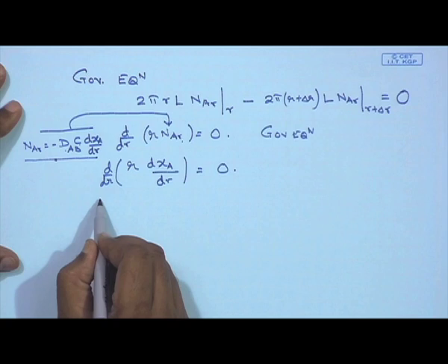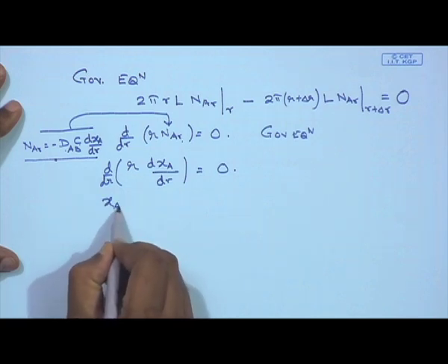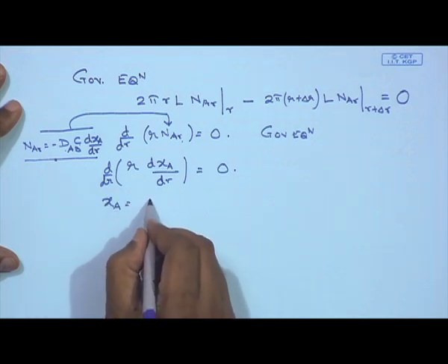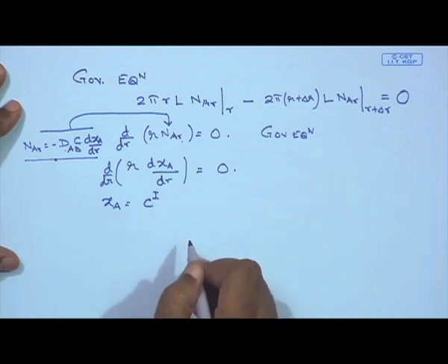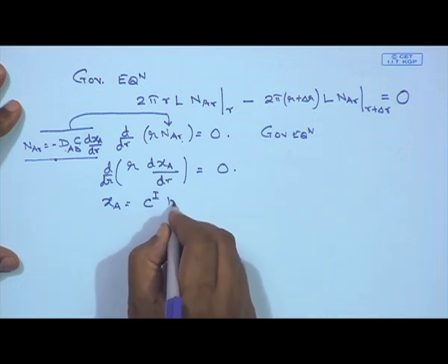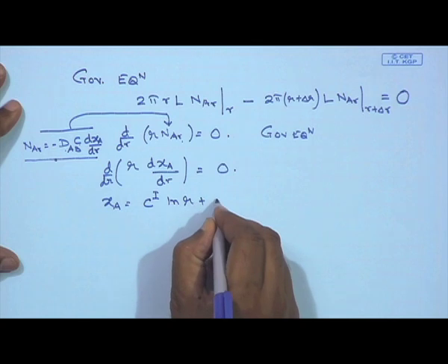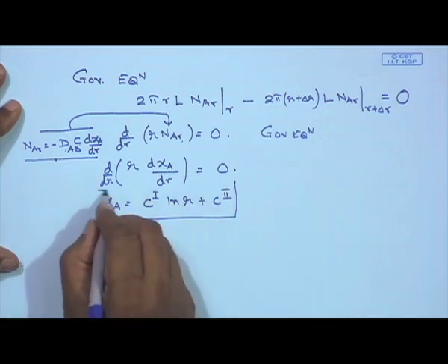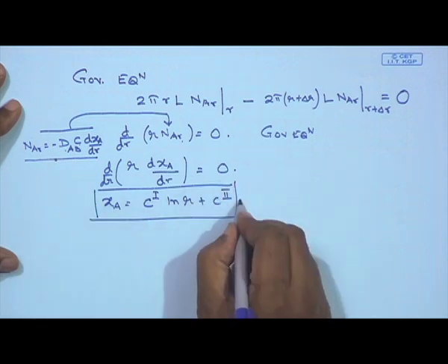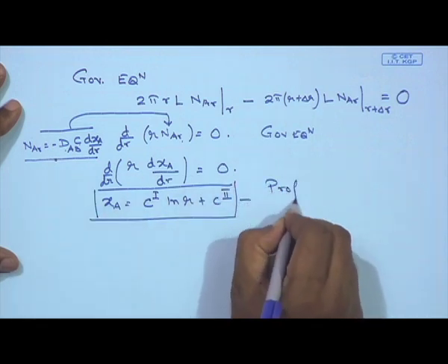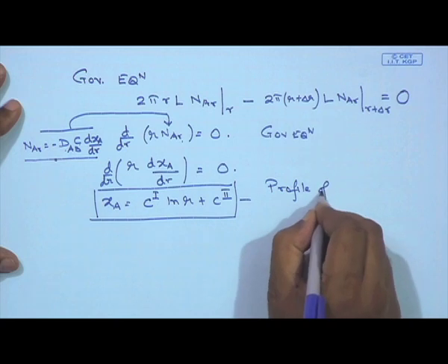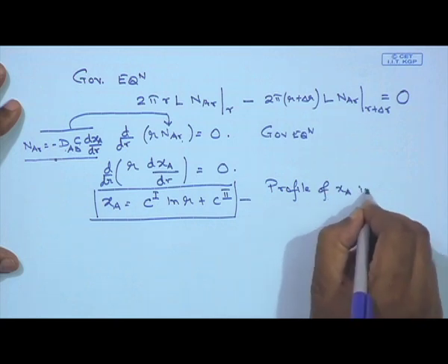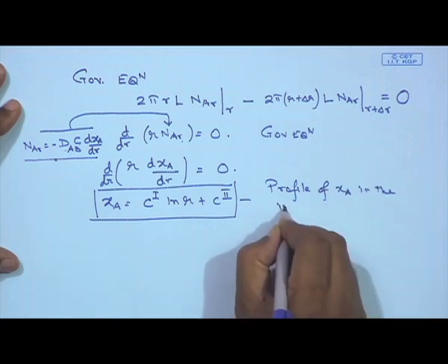So, once you integrate it twice, you are simply going to get x_A equal to C1, where C1 is one constant of integration, times ln r plus C2. So, this would be the profile of x_A in the inert material.